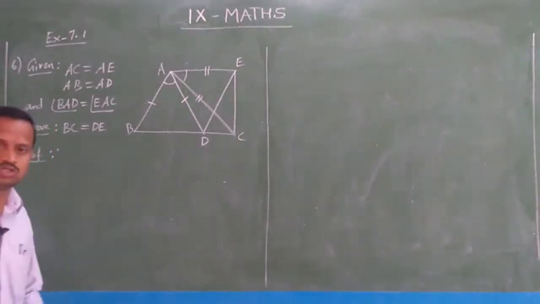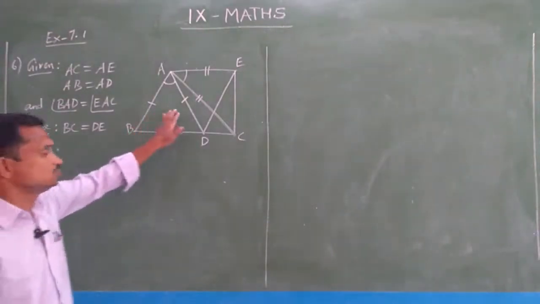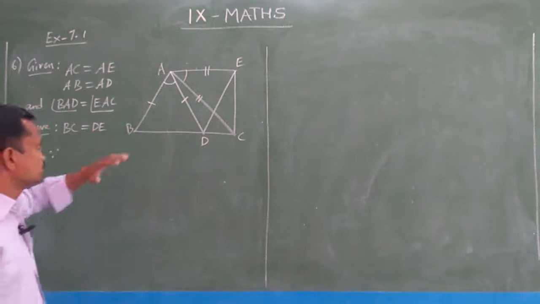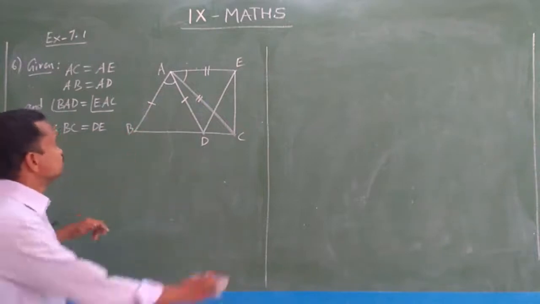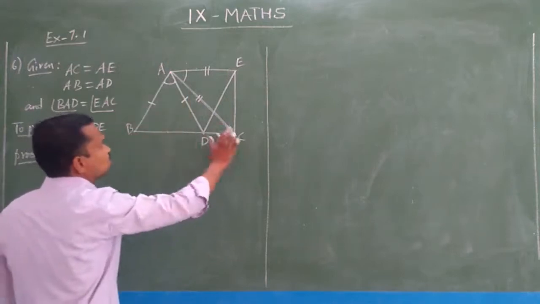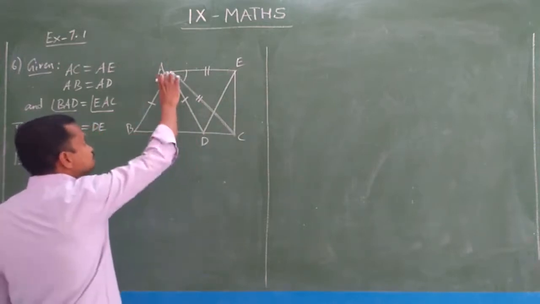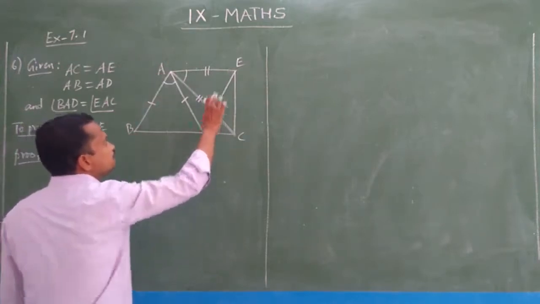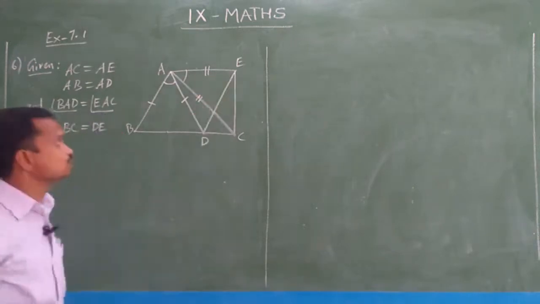So now coming to question number 6. This is the diagram given there. Observe the diagram. A, B, C, you see one triangle. A, D, E is another triangle.